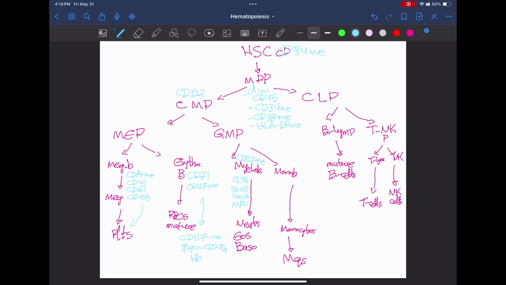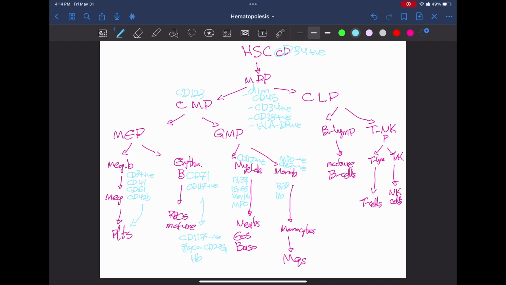Monoblasts, on the other hand, are CD117 negative. They are MPO negative as well. They share common antigens with myeloblasts or with myeloid cells, including CD13, CD33, and CD11B.